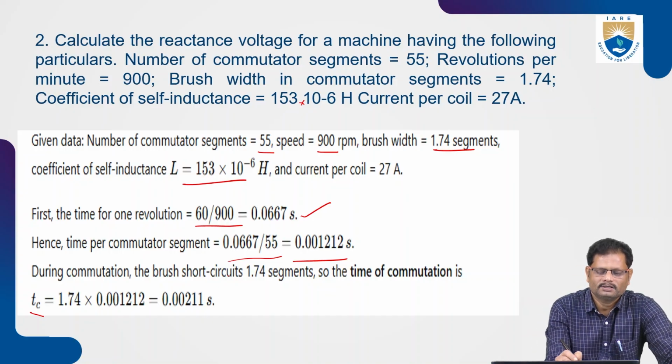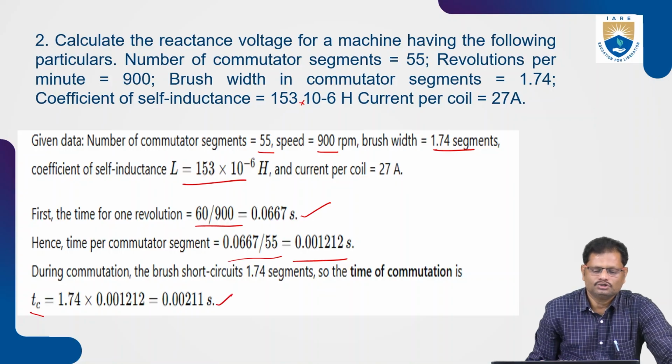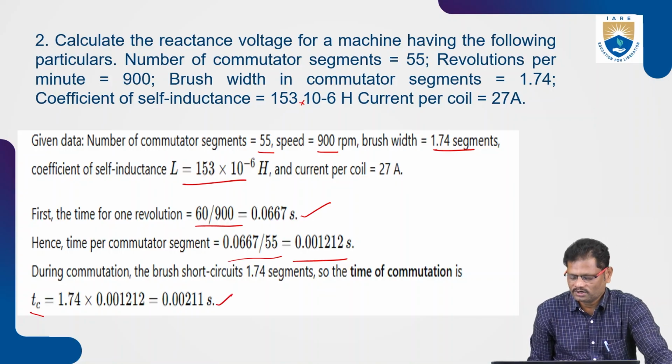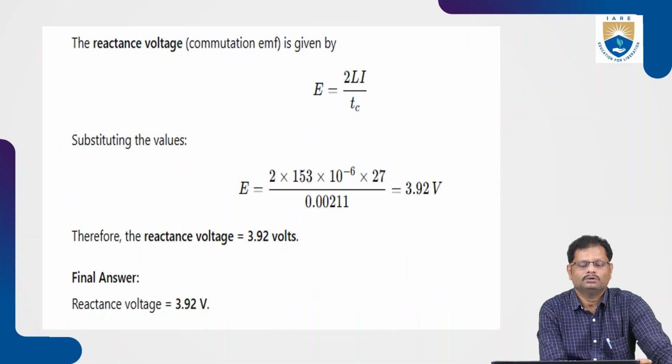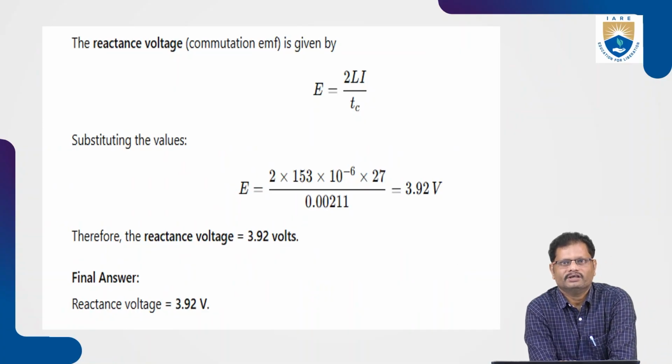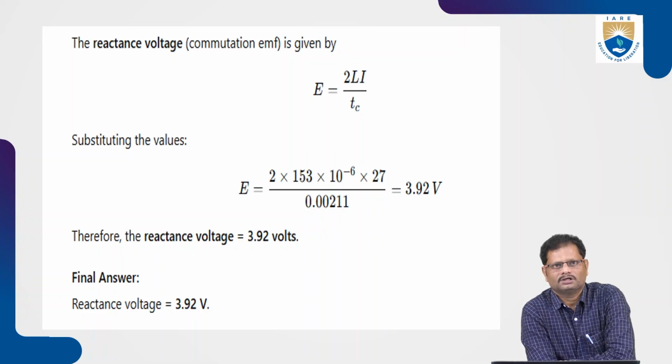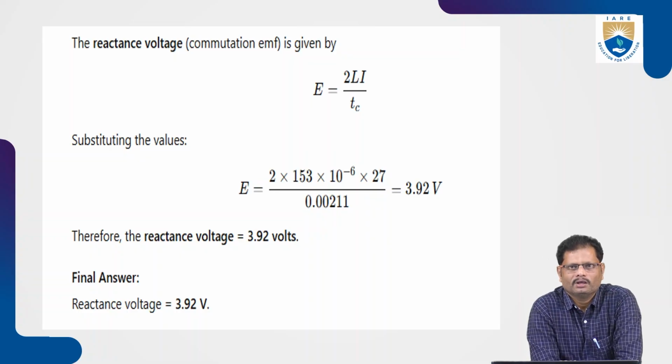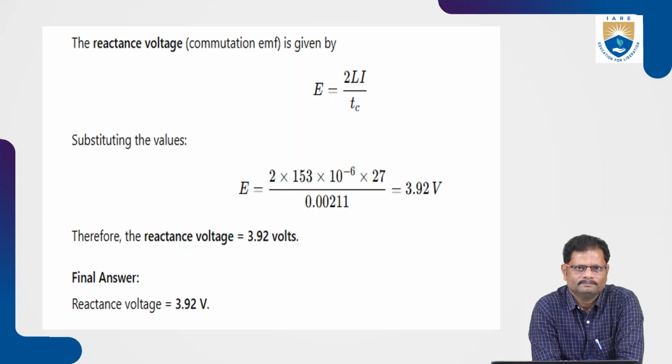So finally we will get the time of commutation as 0.00211 seconds. And also the reactance voltage, which is nothing but commutation EMF, is given by the formula E equal to 2Li by time of commutation.